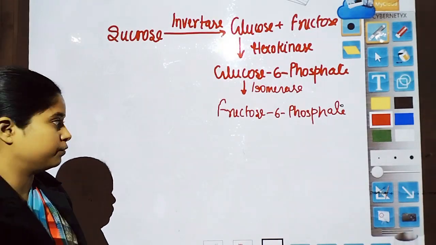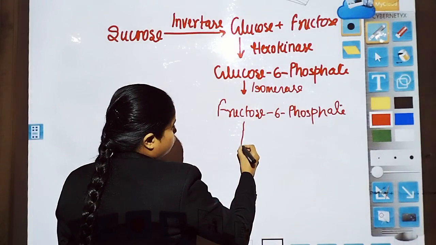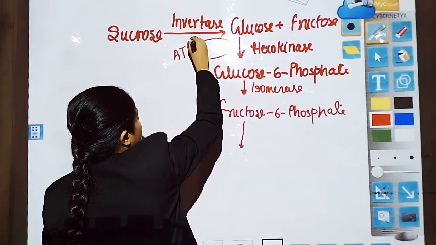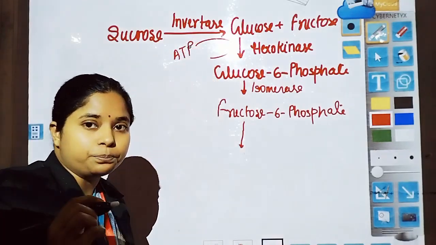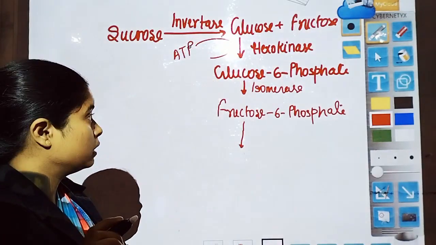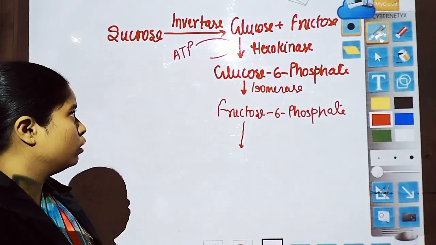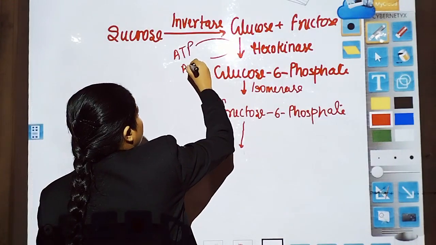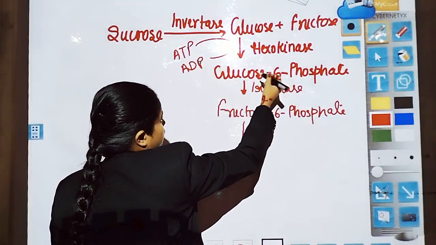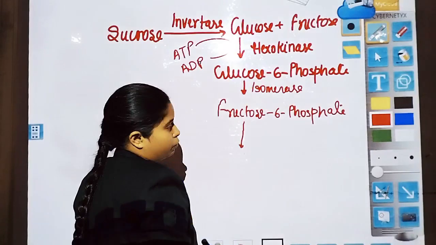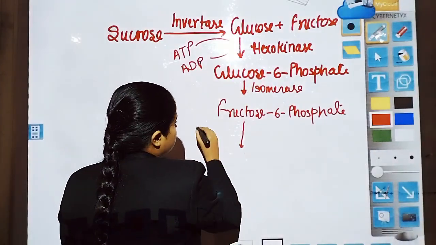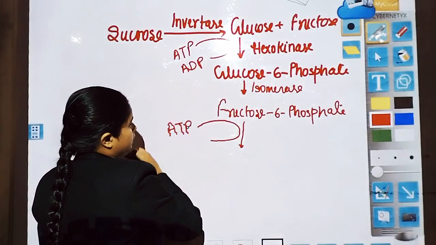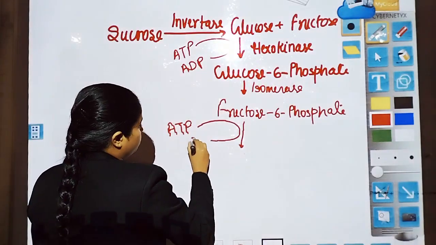Here hexokinase uses ATP. Rather than forming ATP, glycolysis involves the use of ATP for the activation of glucose molecules. That is why the phosphate is utilized in the formation of glucose 6-phosphate. Here again a phosphate group is utilized from ATP, forming ADP.